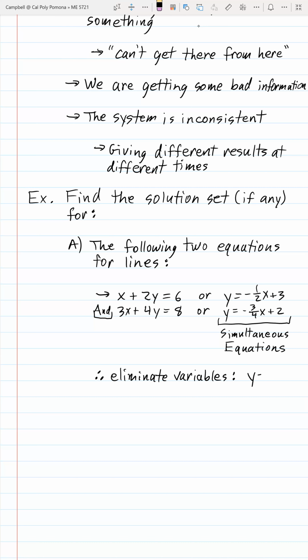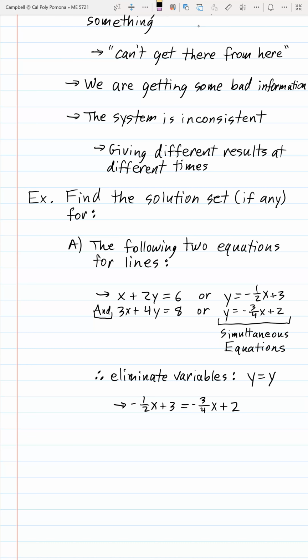Here we could just say, thankfully, we already solved for y, so we could just say the y from one equation is equal to the y associated with the other equation. And when we do that, we get negative 1/2 x plus 3 from the first equation is equal to negative 3/4 x plus 2 from the second equation.